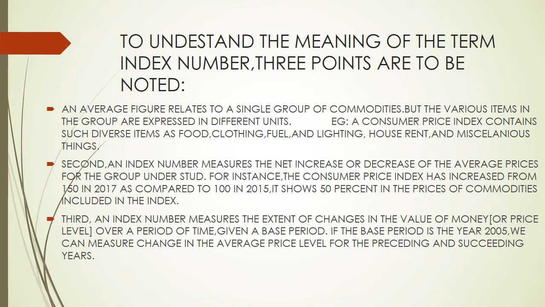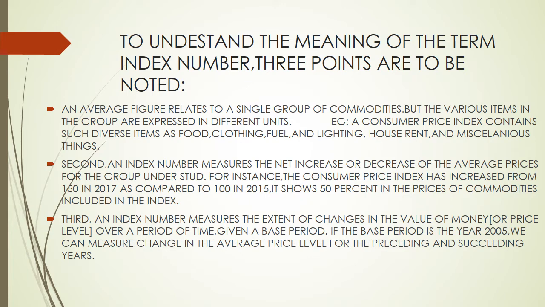In order to understand the index number easily, we have 3 steps. First one is an average figure that relates to a single group of commodities, but the various items in the group are expressed in different units. For example, a consumer price index contains such diverse items as food, clothing, fuel and lighting, house rent and miscellaneous things.